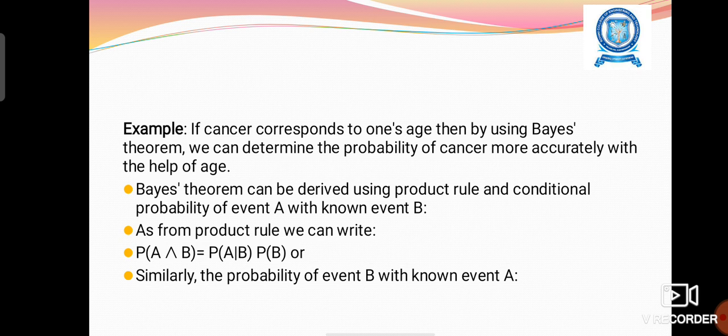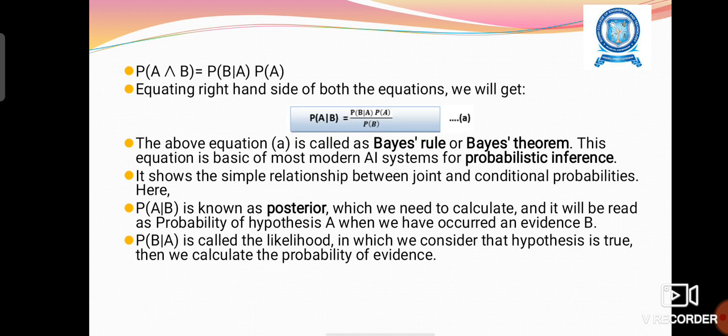Again, we can consider the formula P(A and B) = P(A|B) times P(B), and in the same way we have the conditional probability of the second event. By combining both formulas, we get P(A|B) = P(B|A) times P(A) divided by P(B). If we have these three values, we can calculate the conditional probability of the other event.